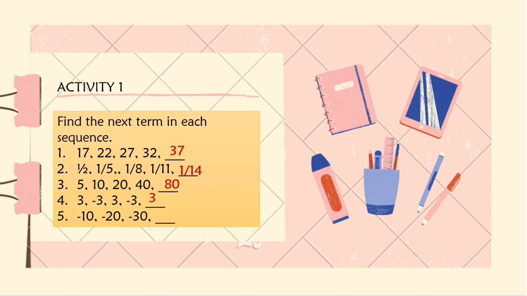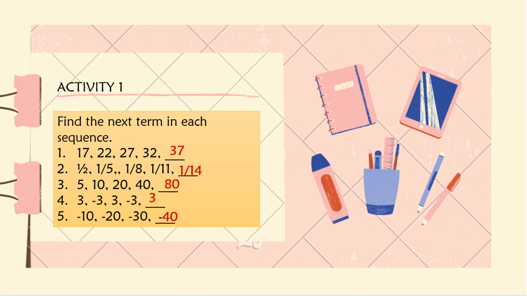Okay, next, number 5. We have negative 10, negative 20, negative 30. Okay, very good. So the answer is negative 40. In number 5, we just add negative 10 to each term. Negative 10 plus negative 10 is negative 20. Negative 20 plus negative 10 is negative 30.